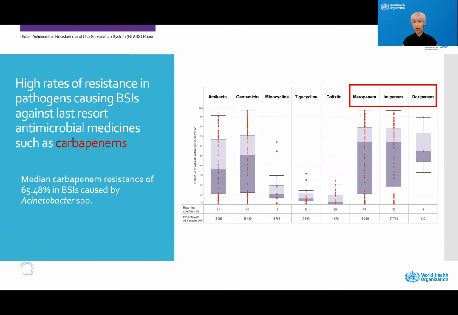You can see on the far right the 3 antibiotics belonging to the carbapenem class, and all of them show quite high rates of resistance. In general, the median carbapenem resistance rate for the whole class for BSI caused by Acinetobacter species was almost 66%.